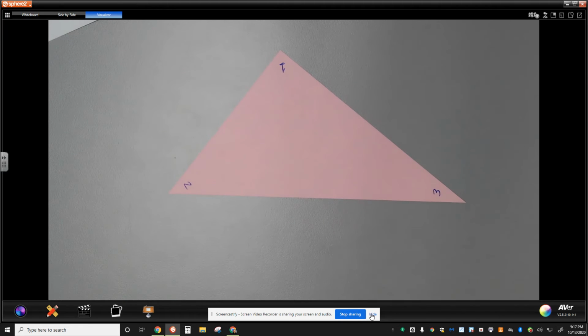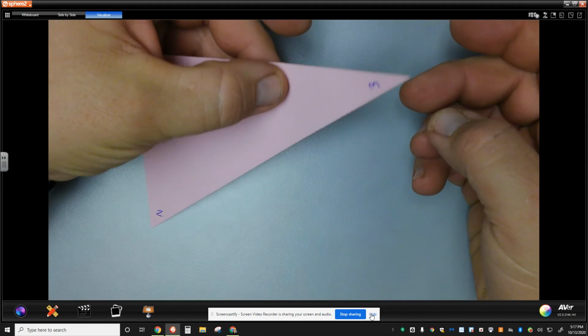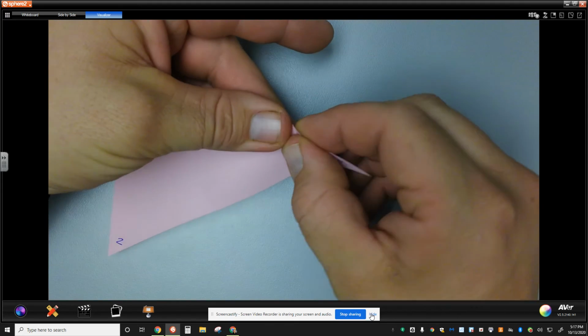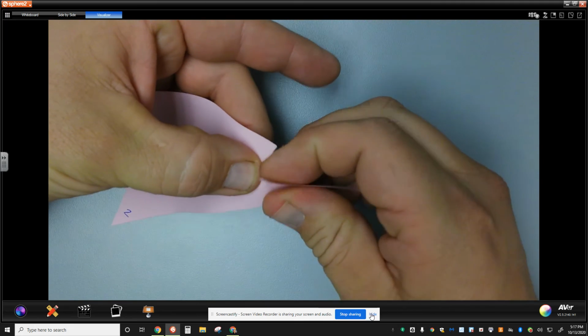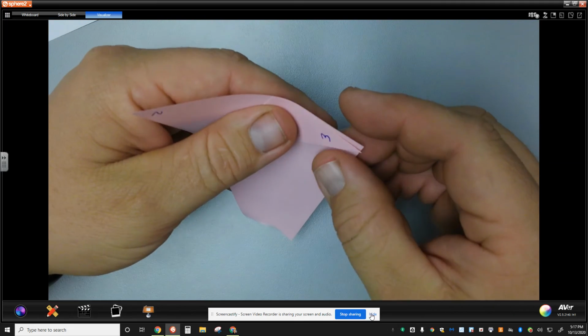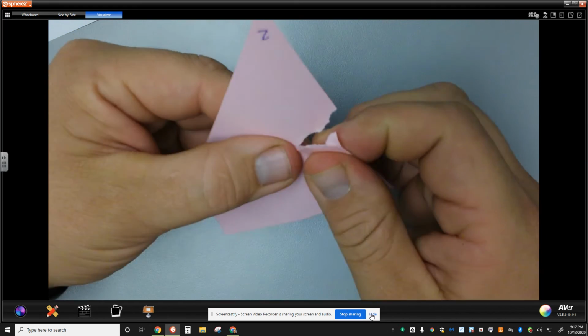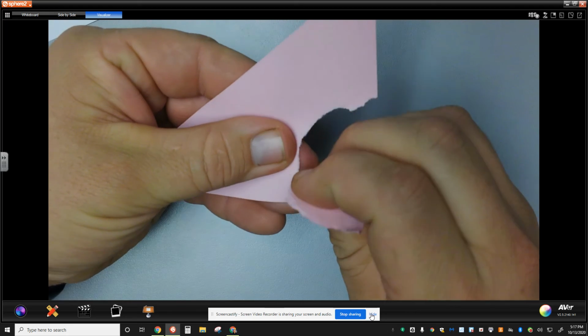If you're still here and you didn't grab that piece of paper, yes, I am going to show you. So let's see here. If I take, let's just take these interior angles. Now let's go ahead and we're gonna rip these off of here. That way I can play with them.